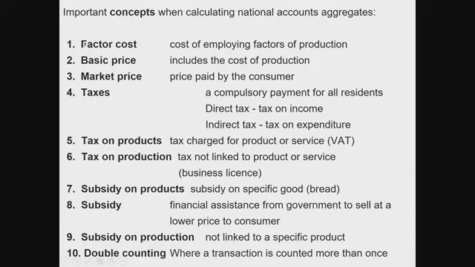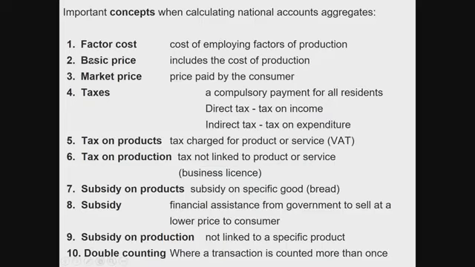So the very first one here, factor cost, they will ask what is meant by the term factor cost, and that simply means it is the cost of employing the factors of production. So please remember that your factor cost deals with the cost of employing your factors of production. And when we look at the various methods, I will come back to this again, right?